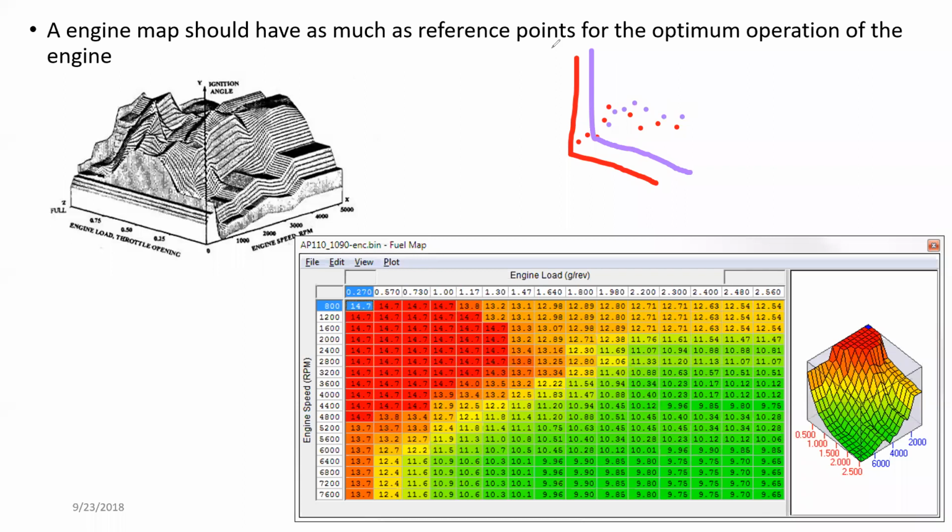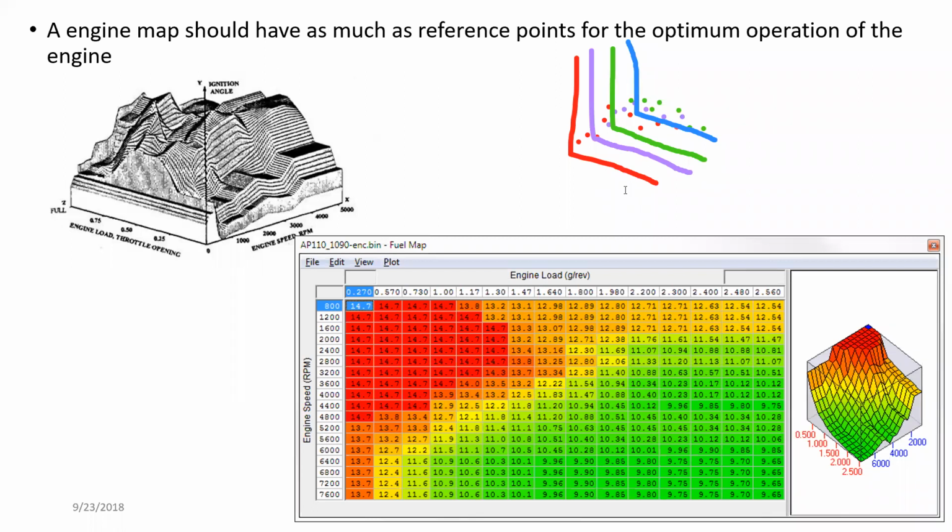Next, I'm going to draw another graph for 20 degrees engine load, and another for 40 degrees, with the same RPMs.